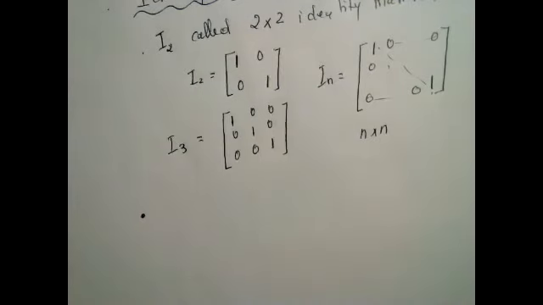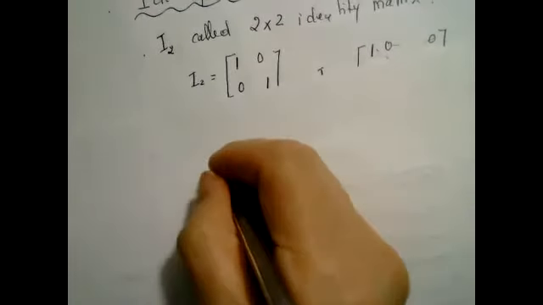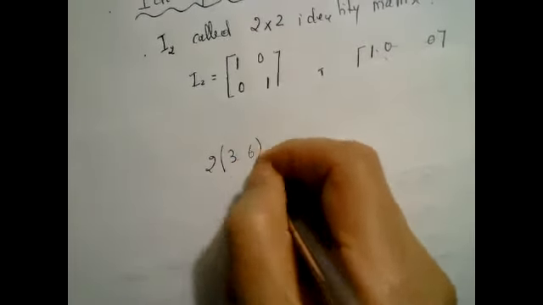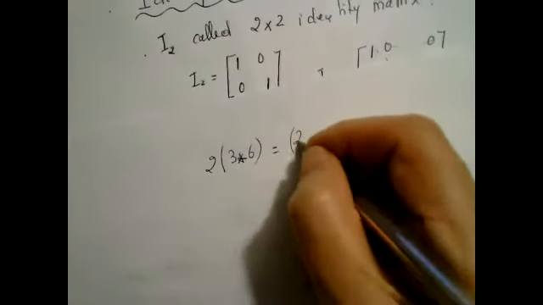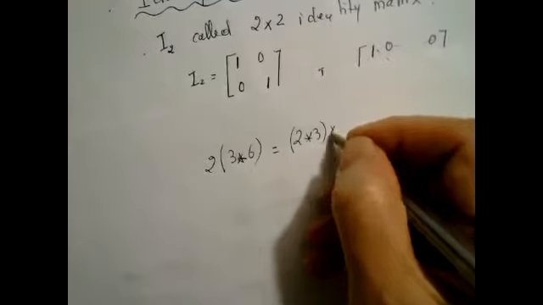What I mean is that in regular numbers, like 1, 2, 3, there are some properties. For example, (2 times 3) times 6 is the same thing as 2 times (3 times 6).